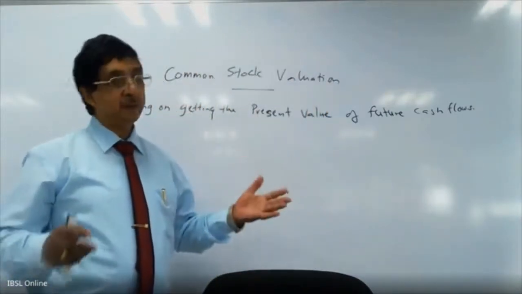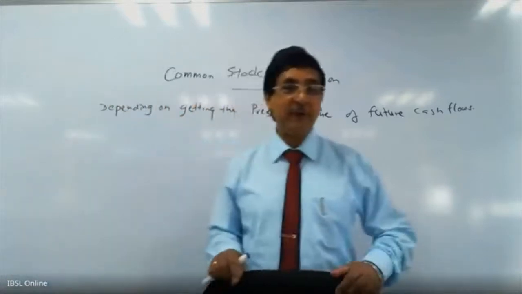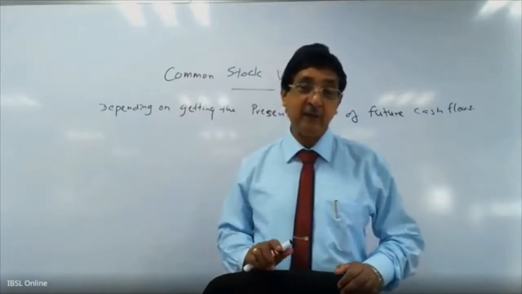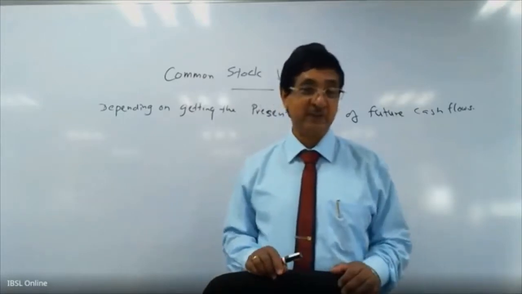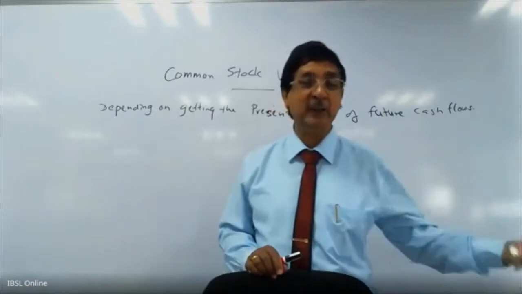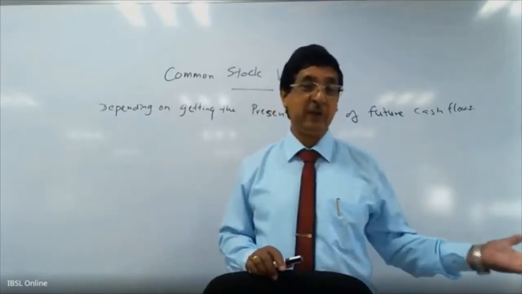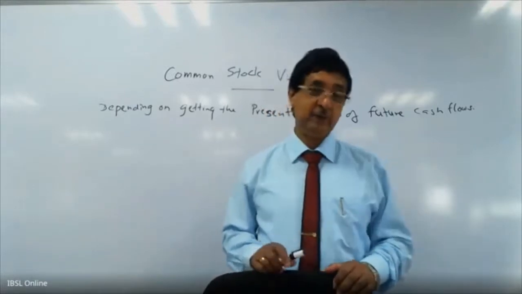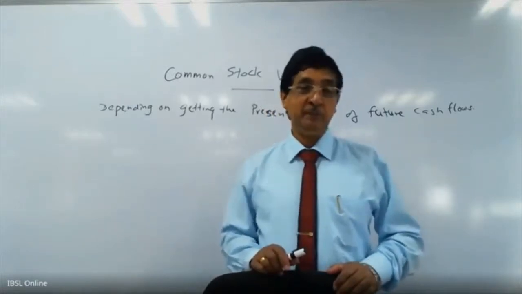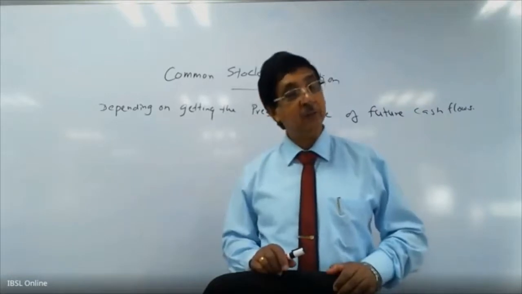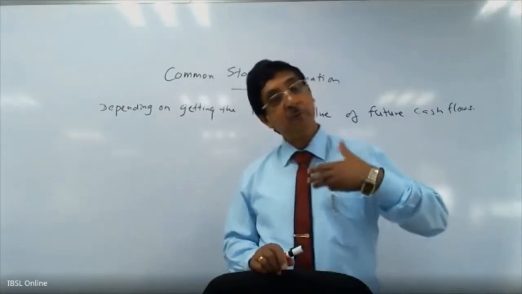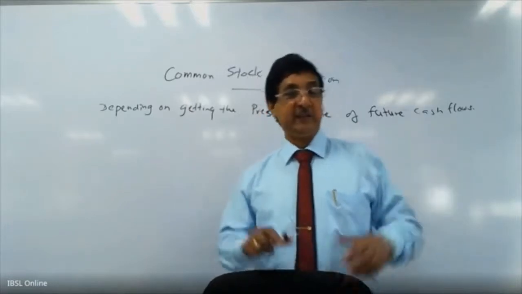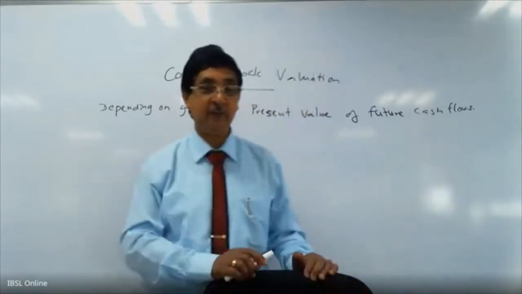Some other cash flows also will be there, but very rarely, because if the stock is sold, you get the sales proceeds. That will be another cash flow. But if it is not being sold, you assume that you will have dividend cash flow for many years.